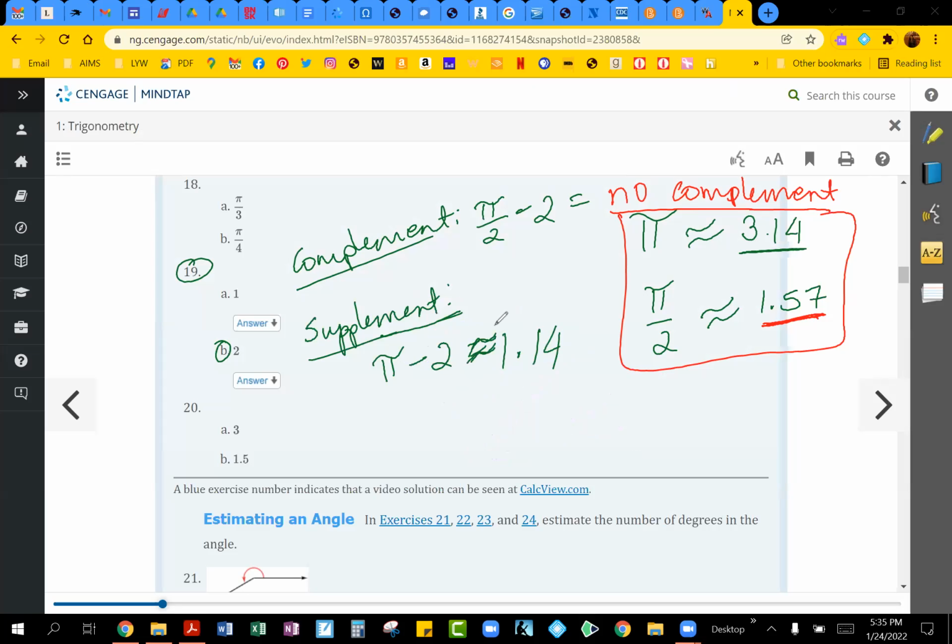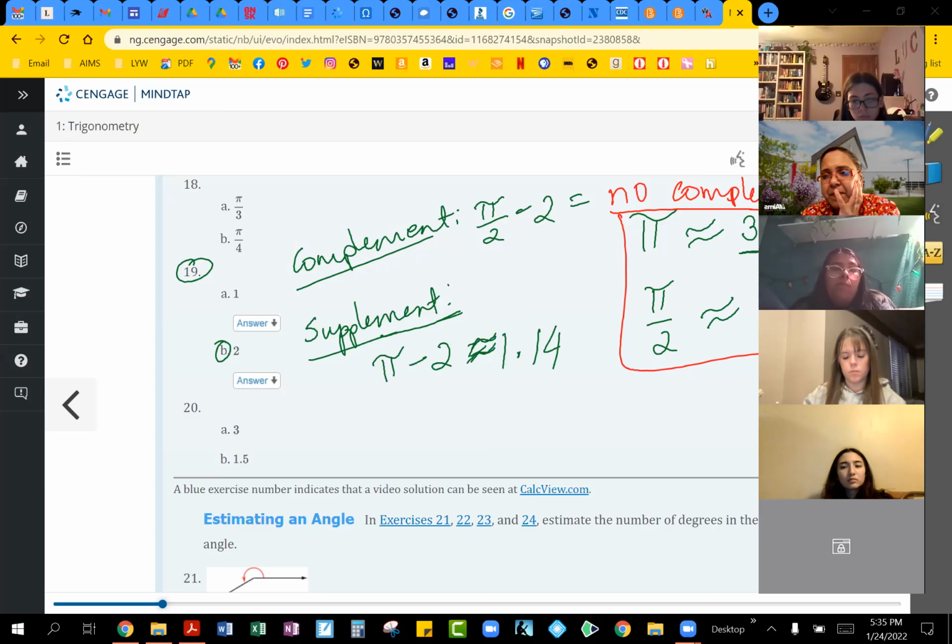1.14. So just be mindful, you can't really combine a negative angle to compensate for the complement. If it's larger than that number, there's no complement. Same thing would happen with supplement. If your angle was greater than 180 degrees, then you wouldn't find a supplementary angle either. Does that kind of help out, Savannah?